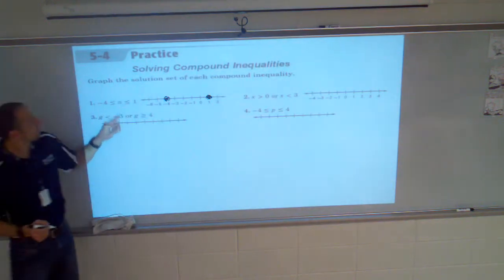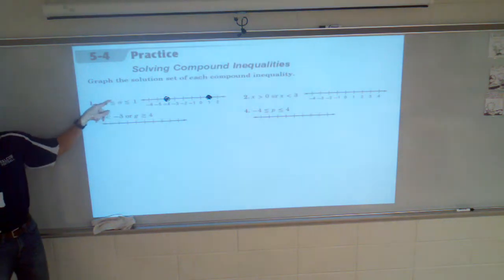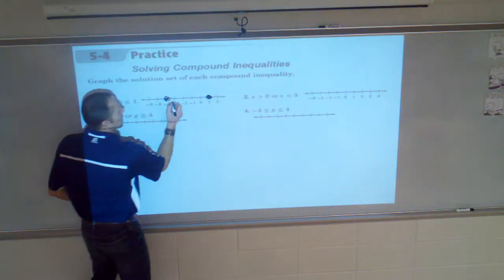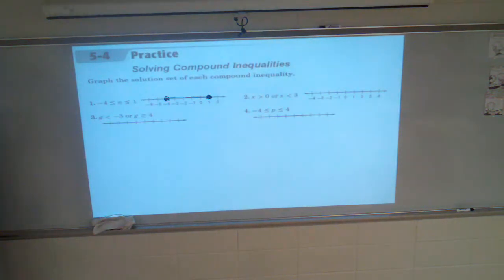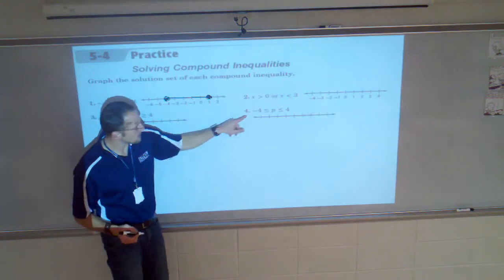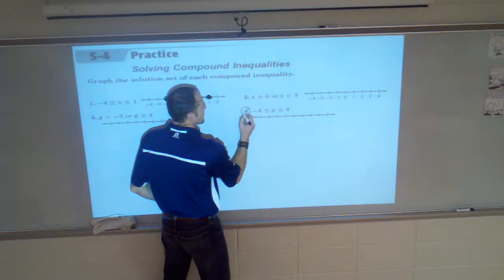All right? Now, you see how the n is in the middle here? The n is in the middle. I need to draw a line in the middle. That's all there is to it. All right? So, I would like for everybody to do number 4.